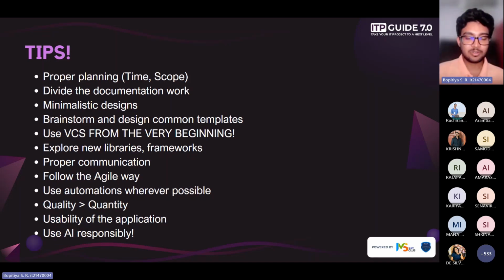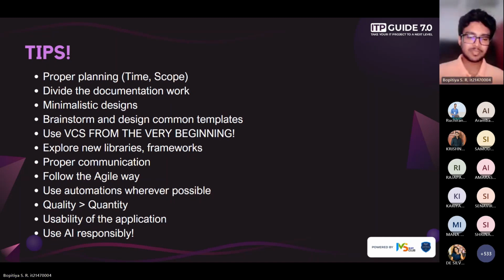And explore new libraries and frameworks. Most teams use the MERN stack, but there is no limitation. You can use Next, Angular, Java Spring Boot, anything that your whole team is comfortable with and skilled in. Go ahead with it, totally fine.